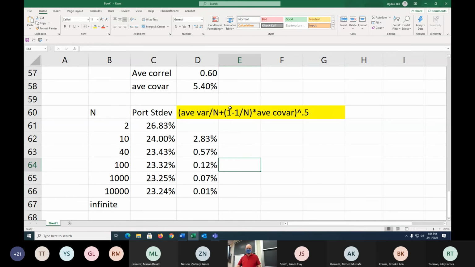Okay, now we go over here. What happens? 1 minus 1 over that infinite number. So this term goes to 1. And then I have the average covariance. So this first term is completely gone. The second one just leaves me the average covariance, the square root. Okay, so if I have an infinite number of stocks, that's called a fully, they won't say that in your book, they'll say a fully diversified portfolio.